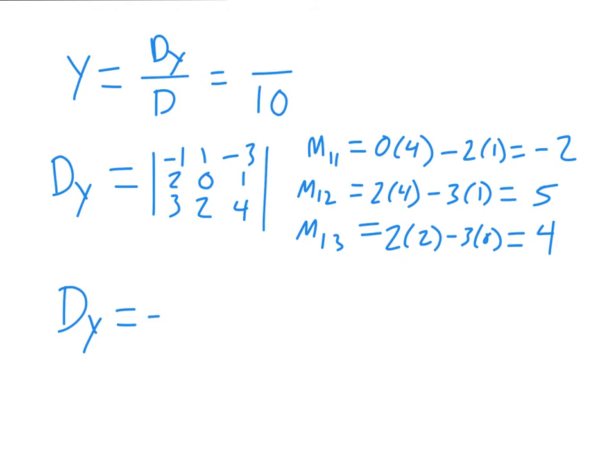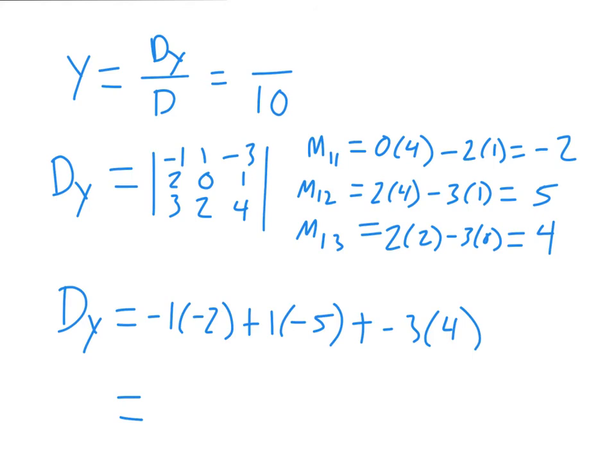All right, d sub y is negative 1 times negative 2 plus 1 times 5? No, negative 5. And negative 3 times 4.